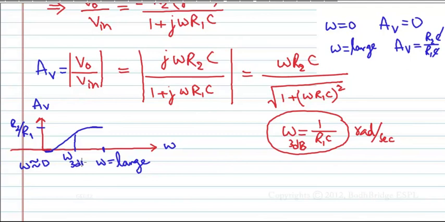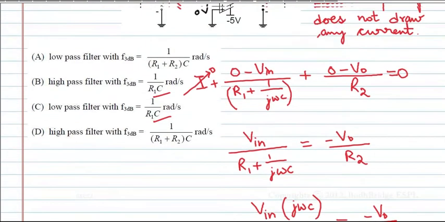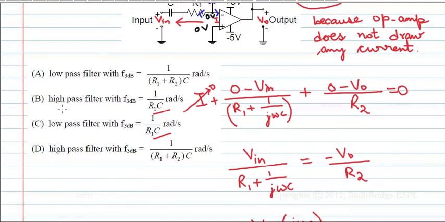Omega 3 dB gives 1 by root 2 of this value. That is 1 by R1 into C. When omega is 0, we got very little, and when omega is large, we got very big. Therefore, this is a high pass filter, right? It is a high pass filter with 1 by R1 into C. Therefore, B is the correct option.